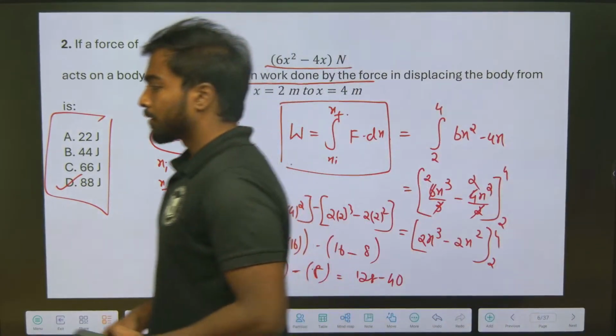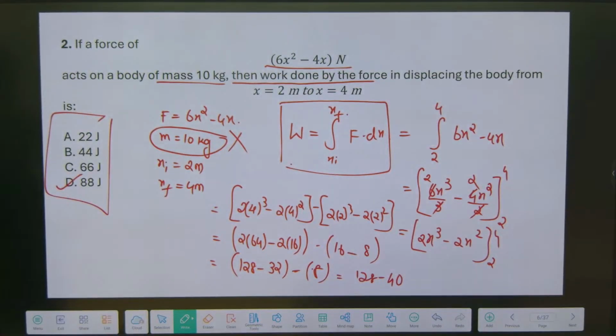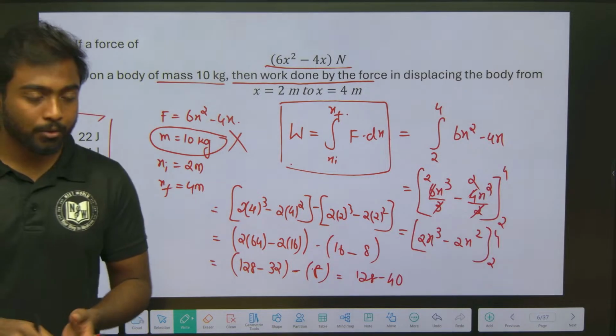So how many of you got option A, B, C? Okay, so you got it now.